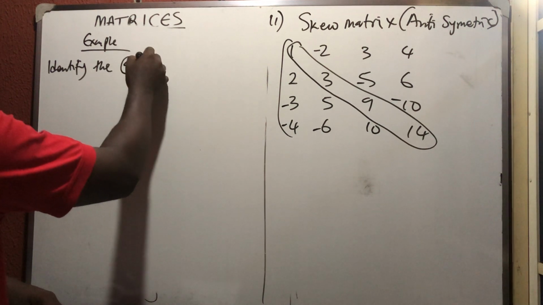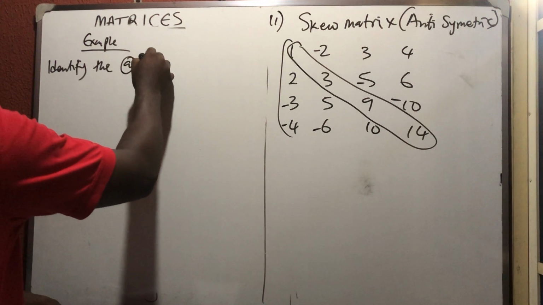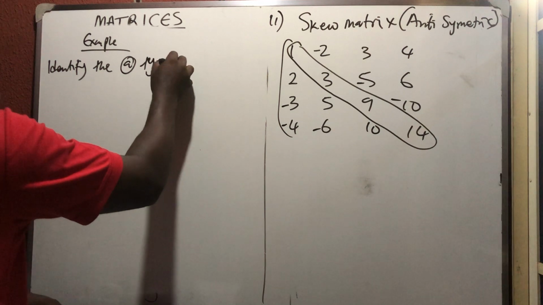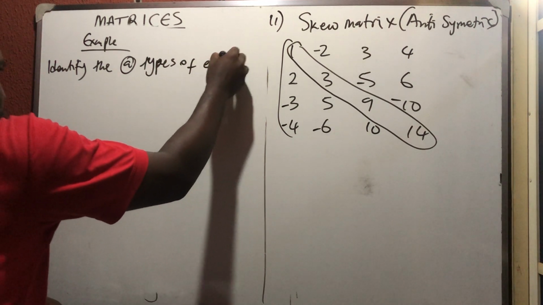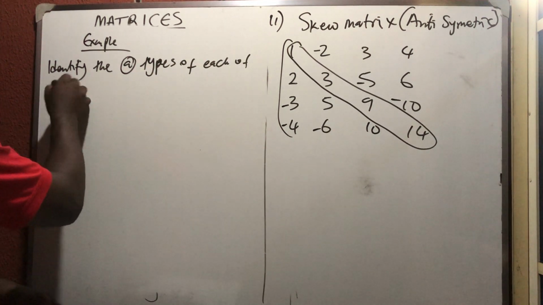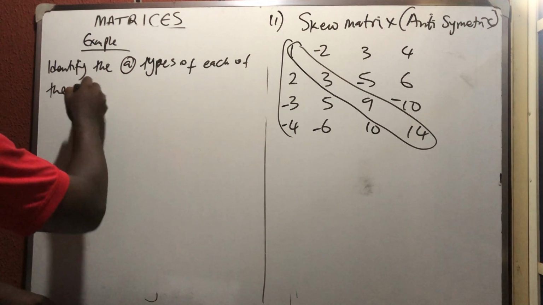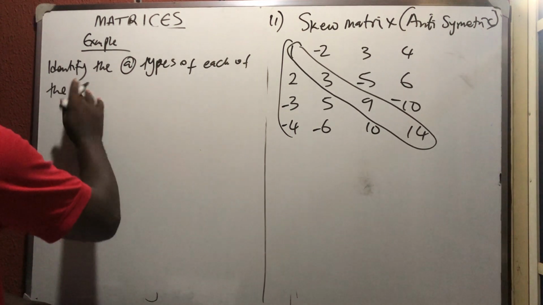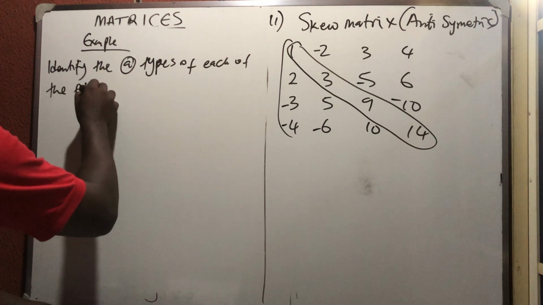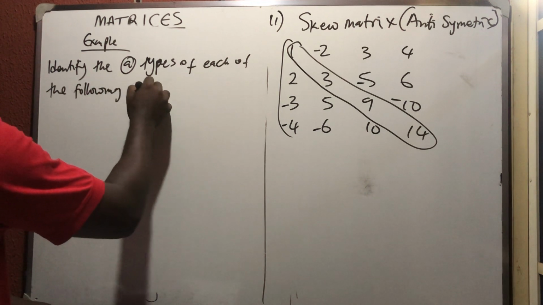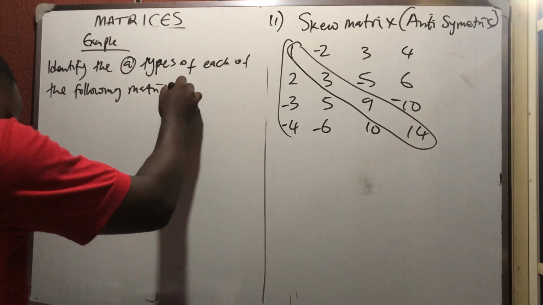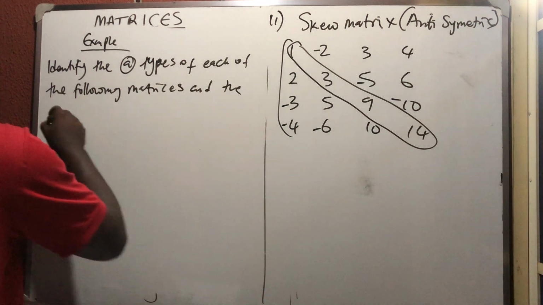Identify A, the type. Types of each of the following matrices, and the leading entries.